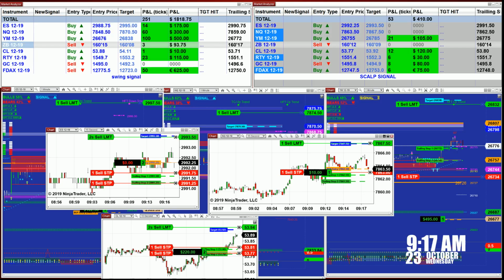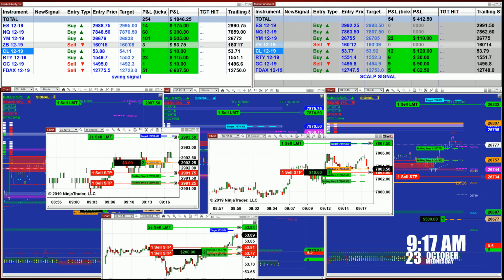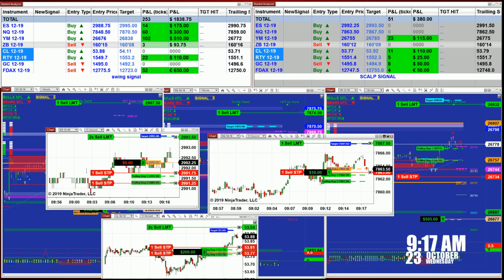I don't want to mess with this, especially scalping. Things can go the opposite direction. Within almost 15 minutes we're going to have an opening, and I don't want to be having a scalper open position.